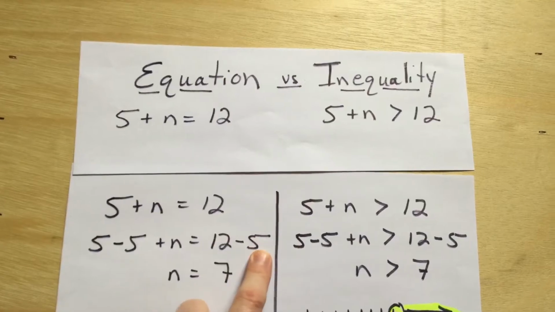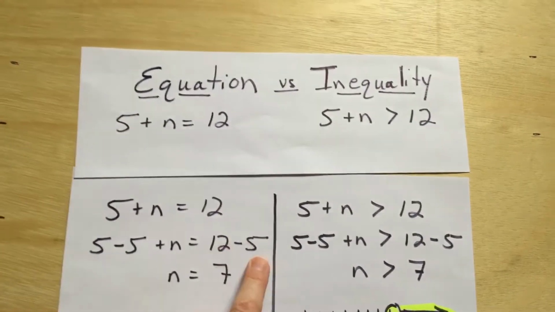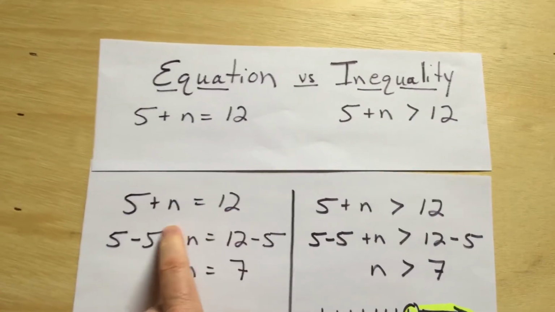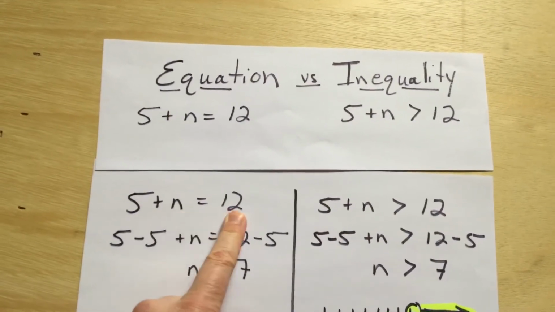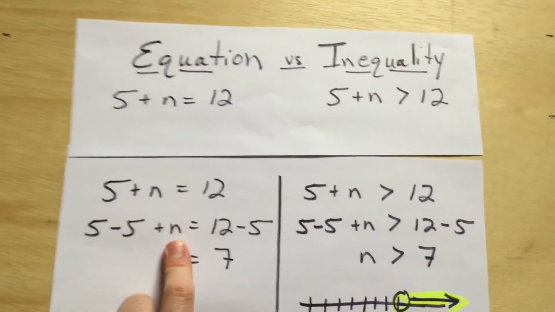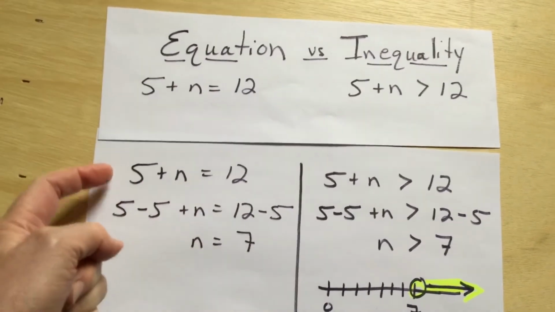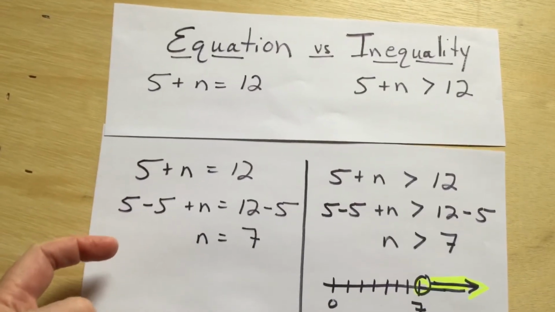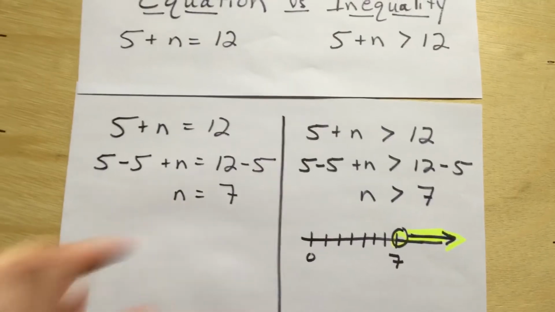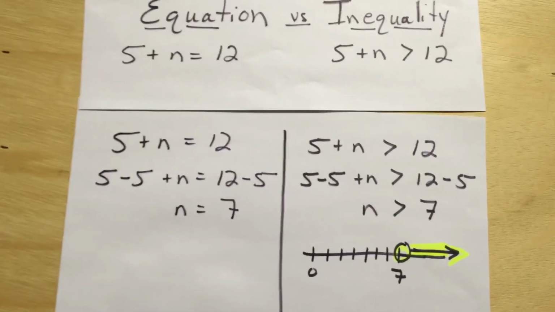And we have to do the same thing on this side, so 12 minus 5 ends up being 7. And you could probably figure that out just looking at it. What's 5 plus what equals 12? Well, that's third grade math. That's 7, obviously. But remember, it's important to keep these steps because you will be doing harder and harder math problems as you go through school.